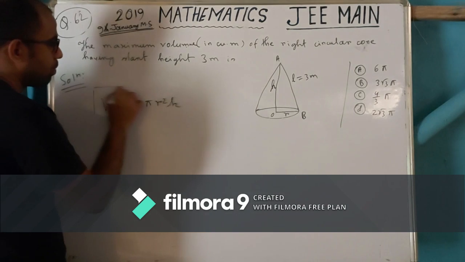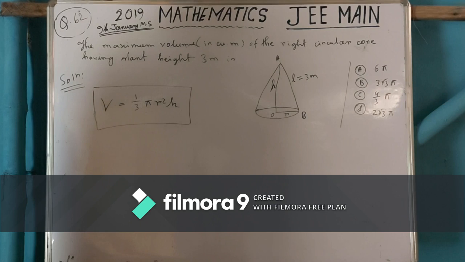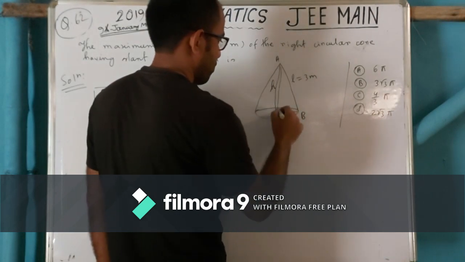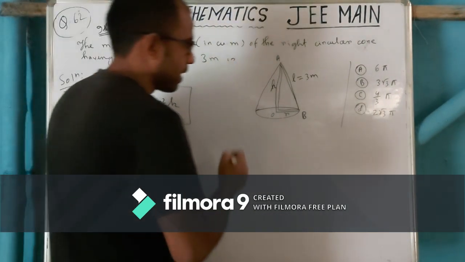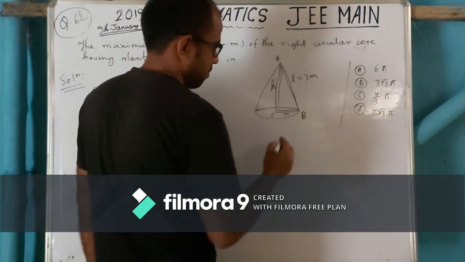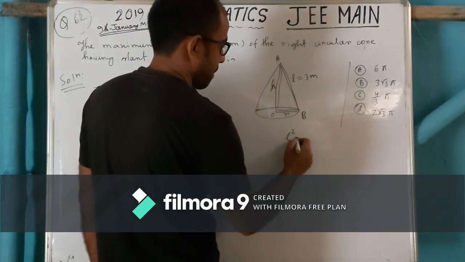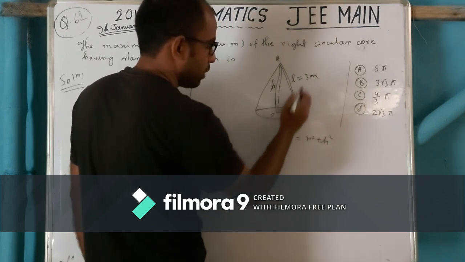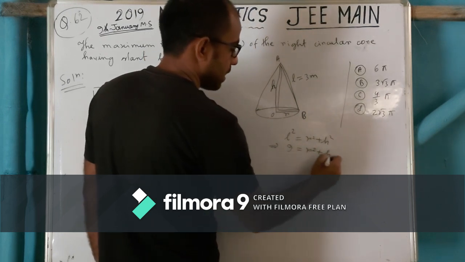Now we know this portion will be a right triangle. So by Pythagoras law, L square equal to R square plus H square. So L equal to 3, that means 3 square equal to 9, R square plus H square.